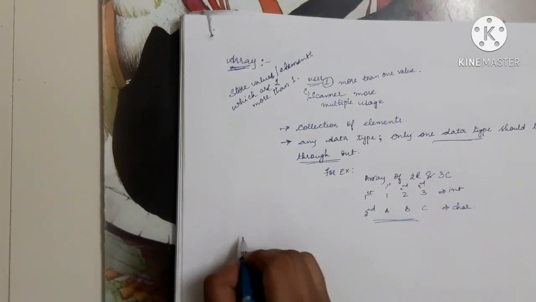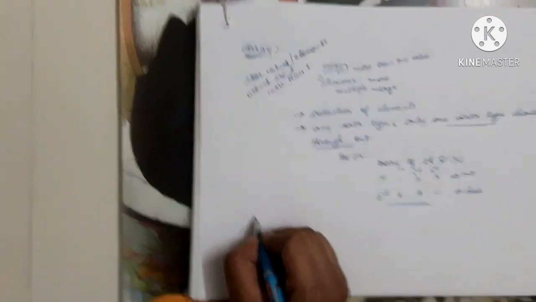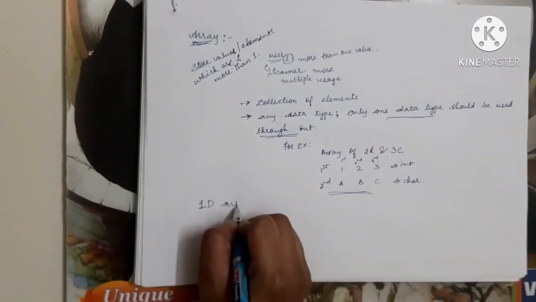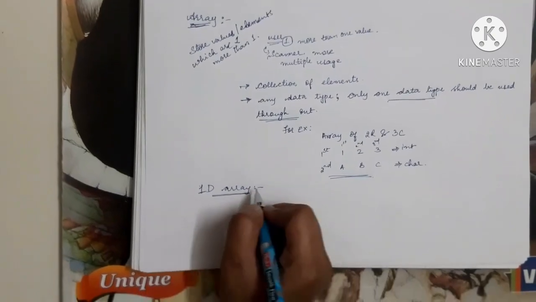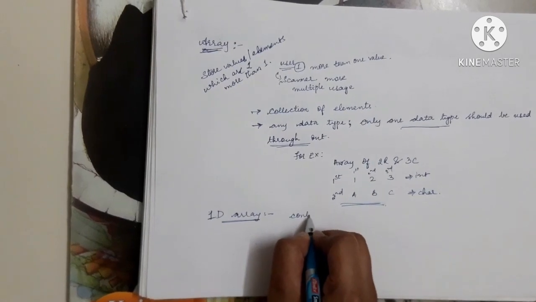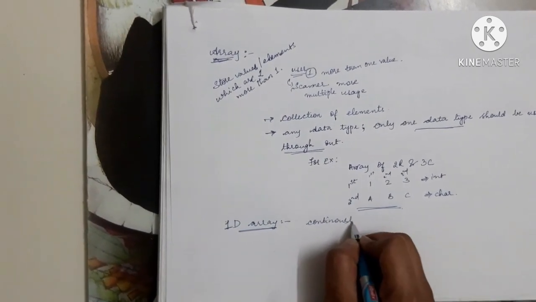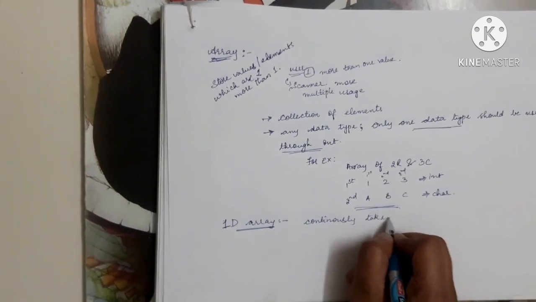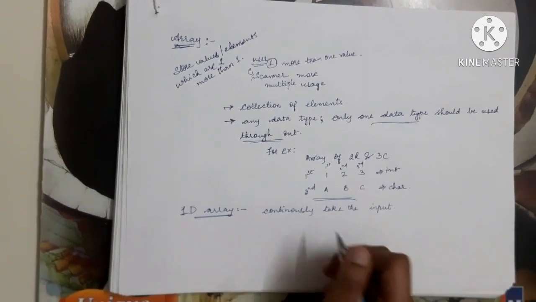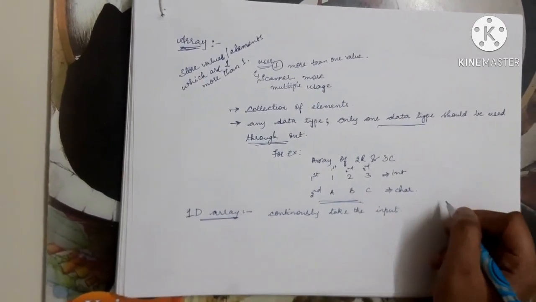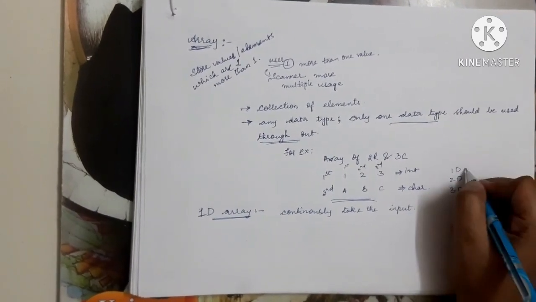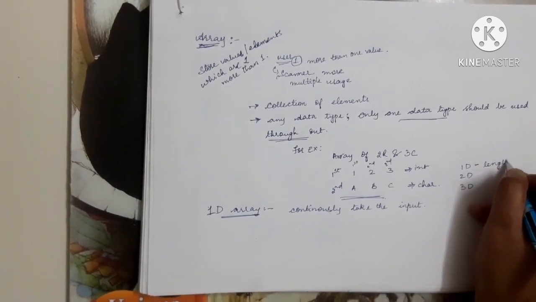So in this video, I'm also taking you through different types of arrays and their simple code. First I'll go through the 1D array. If we compare 1D, 2D and 3D arrays, in 1D we can only take length.